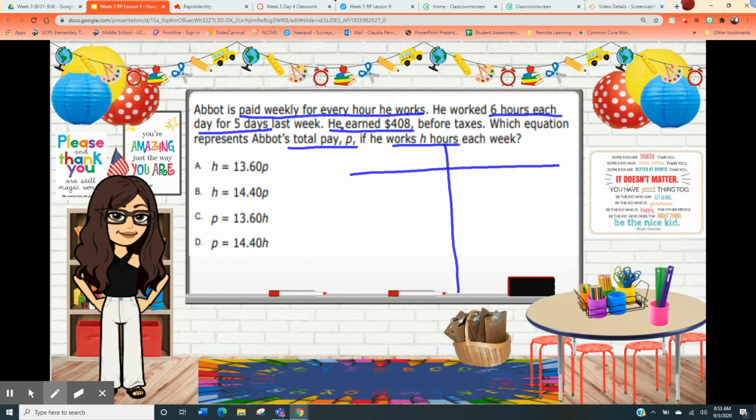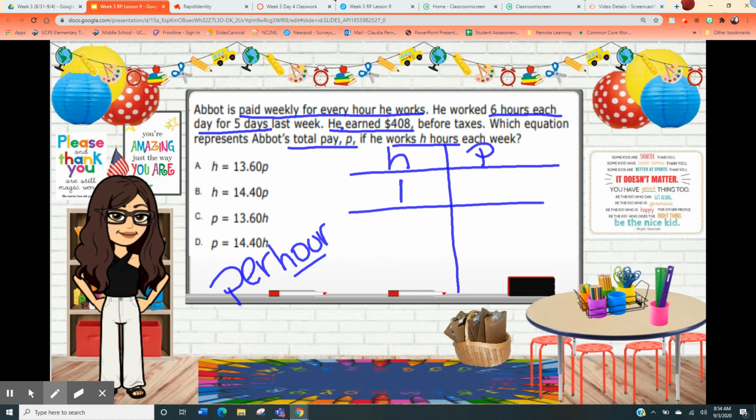So we want to go ahead and figure out how much he's making per hour. So if I'm looking at per hour, then that means hour is going to be our unit rate, R1. And pay is going to be our Y. So we got to solve for that.